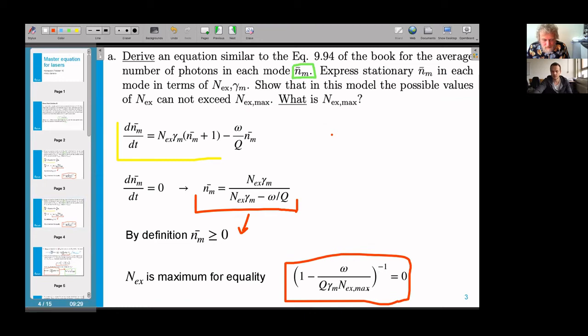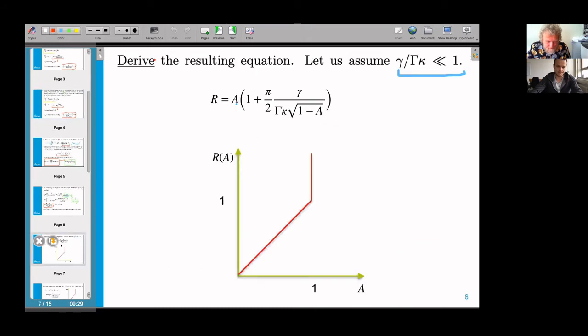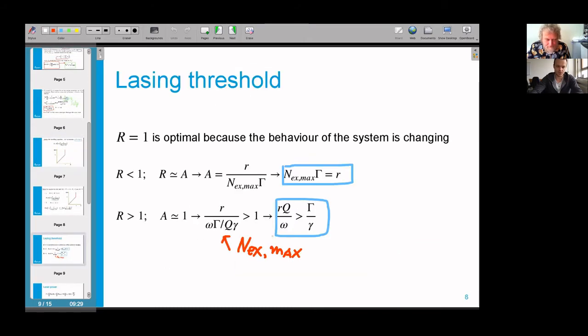Then, if you want to have the maximum number of excited atoms, let us see. We need to go to this equation, and this is R, which was R divided by gamma divided by the number of maximum.